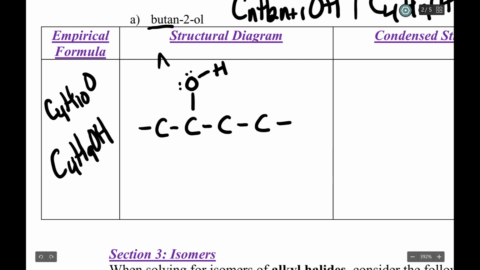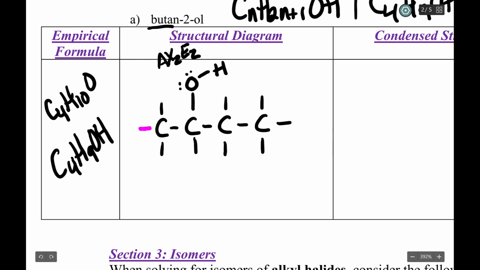It's an AX2E2 bent formula. But it's not really necessary to add those lone pairs in. It's just a habit of mine. And then I gotta fill up all the carbons to make sure they're bonded 4 times. So there we go.